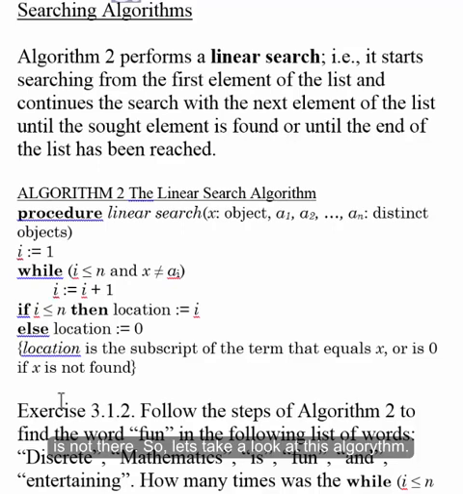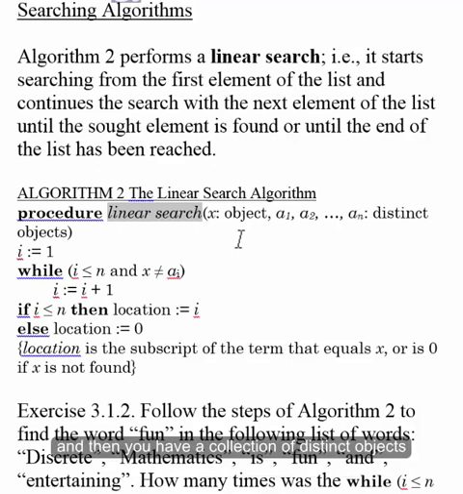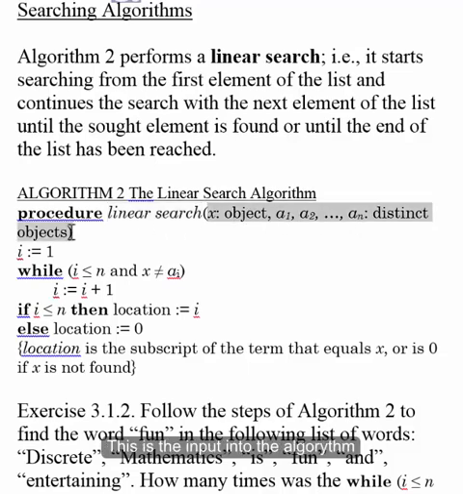So let's take a look at this algorithm. The name is linear search, and then we have the input. First you have X. X is an object. In this case, X is a book. And then you have a collection of distinct objects. They are called A1, A2, up to AN. This is the input to the algorithm.